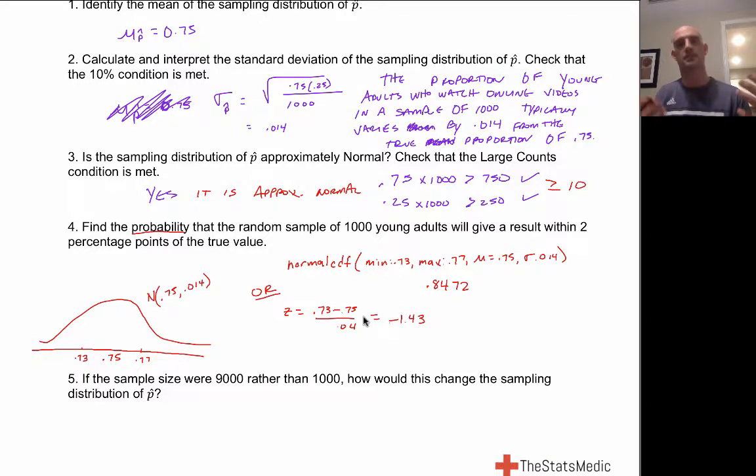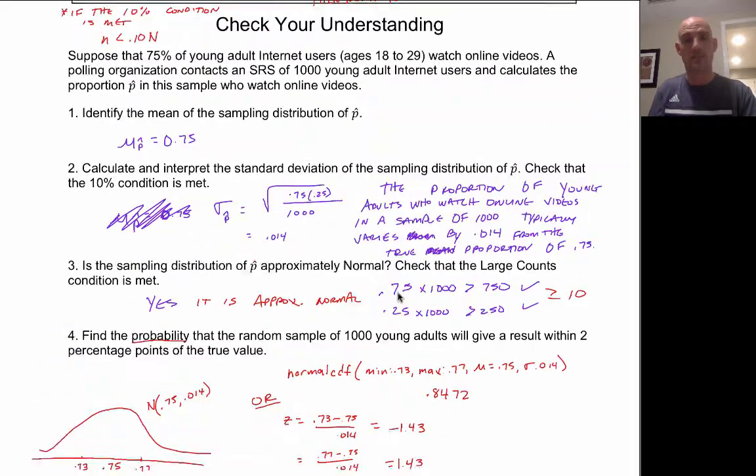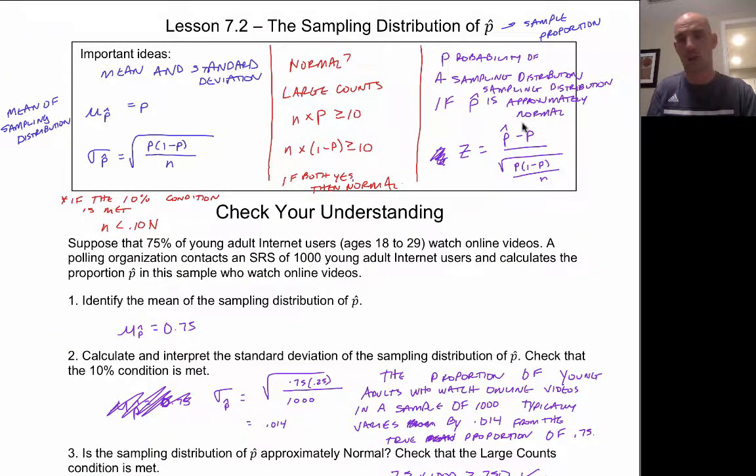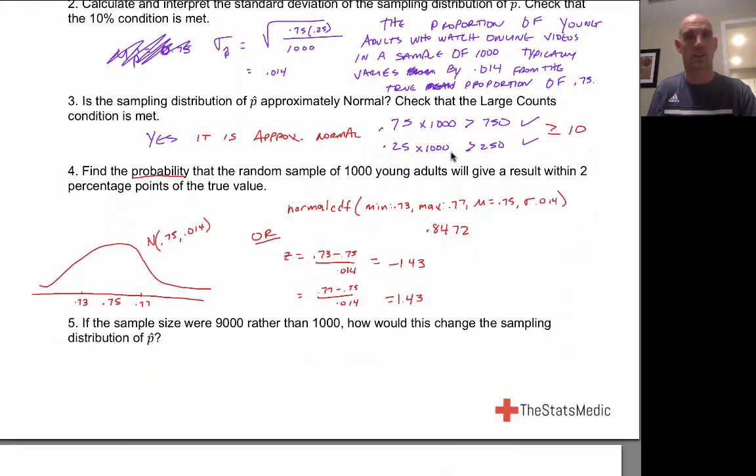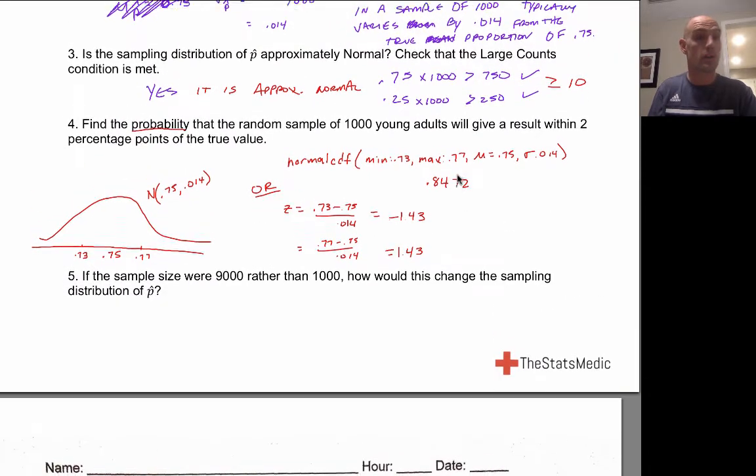Honestly, we could calculate the other one, but because it's the same on the other side, we know it's going to be 1.43. It'd be 0.77 minus 0.75 over 0.014. I should make that change up here. That's the formula up here for z of a given proportion. So that's what we've got.